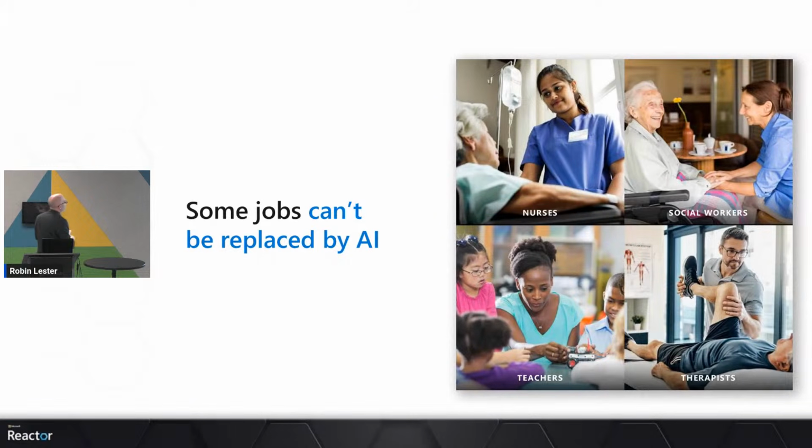Jobs that can't be replaced at the moment. Well, actually, this is an old slide. So nurses and social workers and therapists, maybe therapists, teachers, absolutely. We're starting to get to that point where teachers can be replaced. Because the GPT models are really good at creating, we're starting to see them being banned in schools.